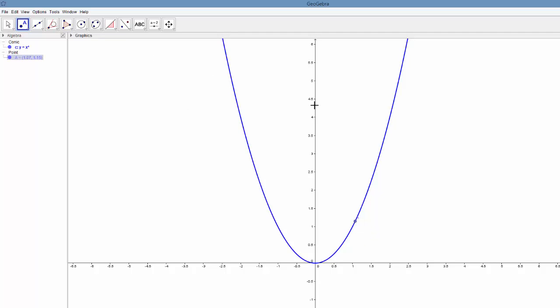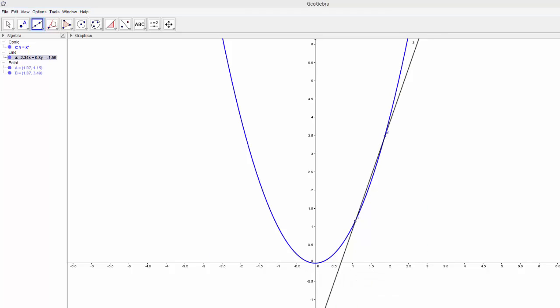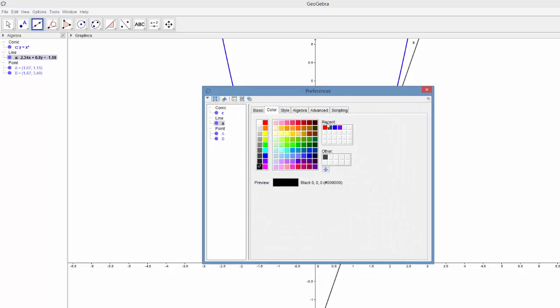points on the parabola called A and B, and let's connect them with a line. Okay, let's modify the properties of the line. We'll change its color.